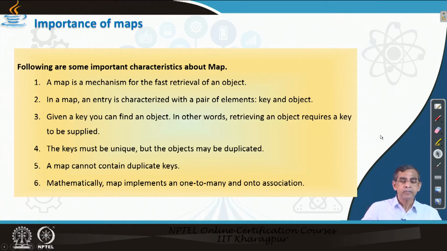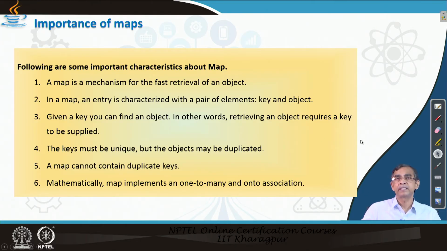Now, this concept of mapping is very useful in indexing a table. Mapping is useful for fast retrieval of any object, where an object represents a record, and an entry is characterized by a pair of elements in our mapping mechanism, the record itself and the key value.